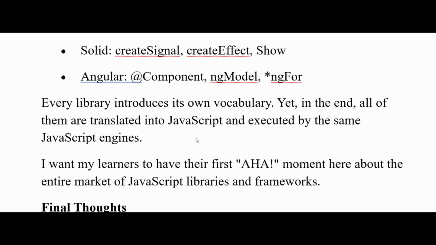Loop in React is map, and all the rest is changing. We see new terms. Every library introduces its own vocabulary, and if you go a little into Vue and others, you will see other terms. How is it possible?